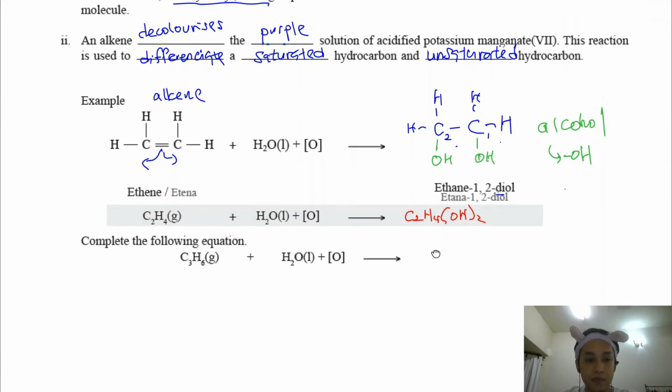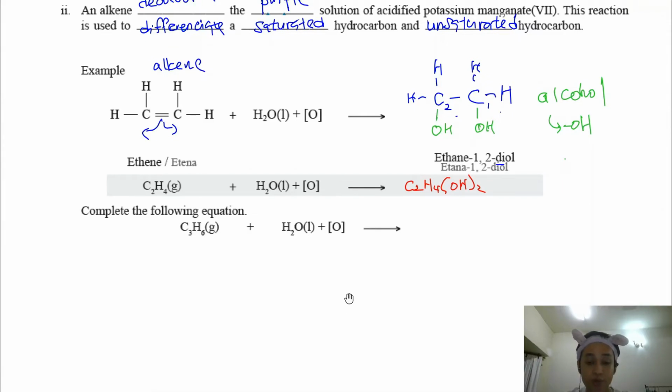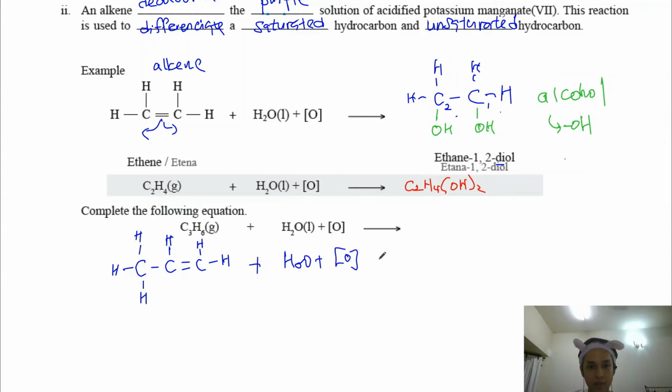In this case, for example, propene. This is propene, with addition of potassium manganate solution. I'm going to draw it out so that you can see. Propene has 3 carbons, so I put it here, and draw out the H's, plus H2O plus oxygen.